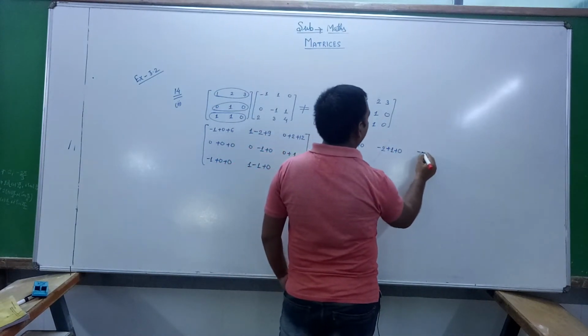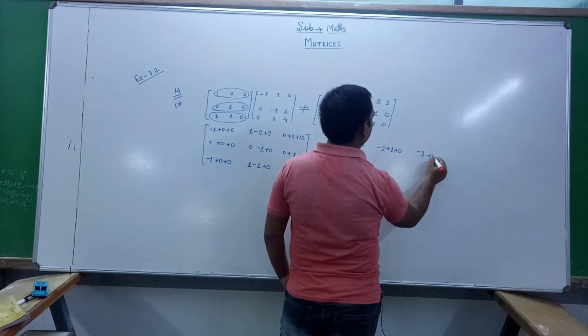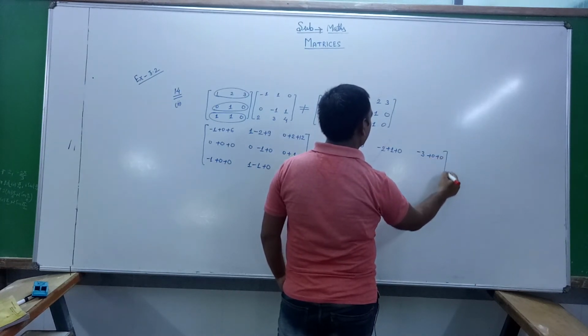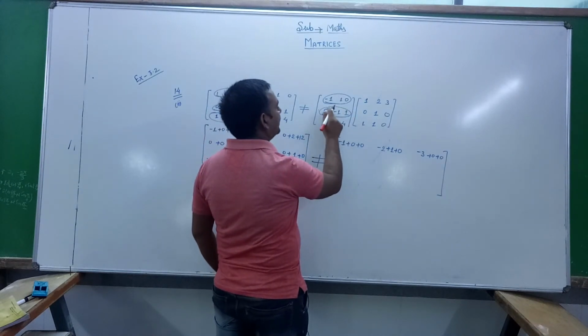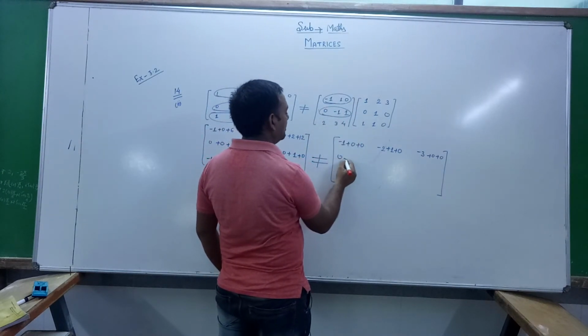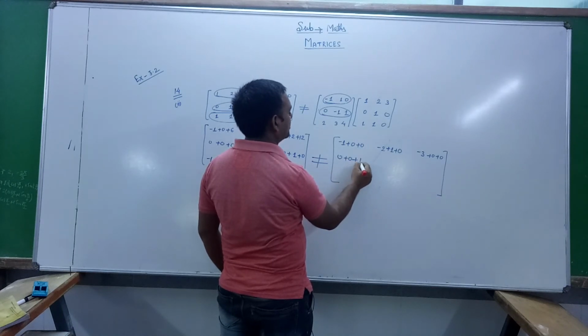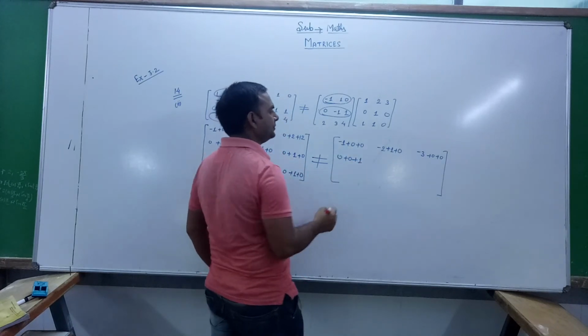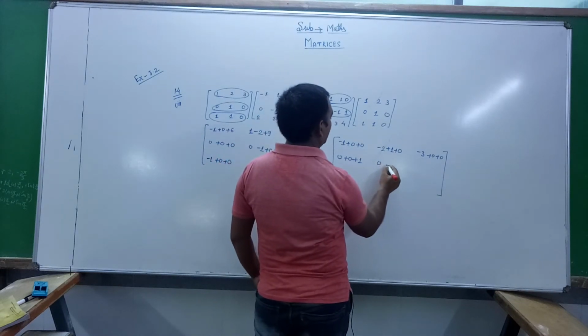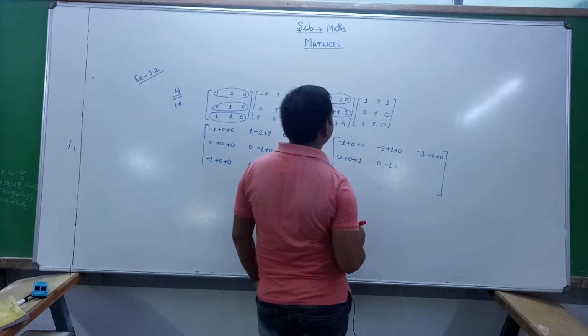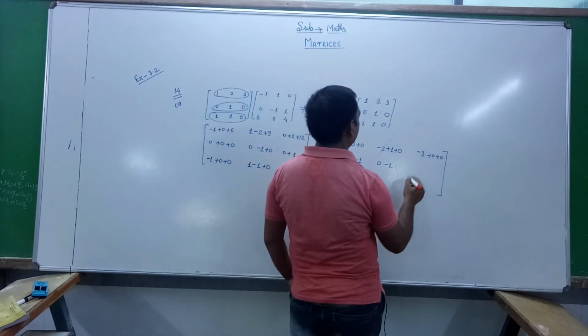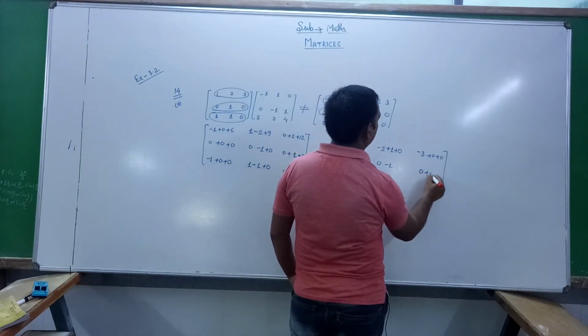Then minus 3, plus 0 and 0. Next, you take the second row: 0 times 1 is 0, minus 1 times 0 is 0, 1 times 1 is plus 1. Then 0, minus 1, and then plus 1. Next, for the third row, 0, 0 and 0.